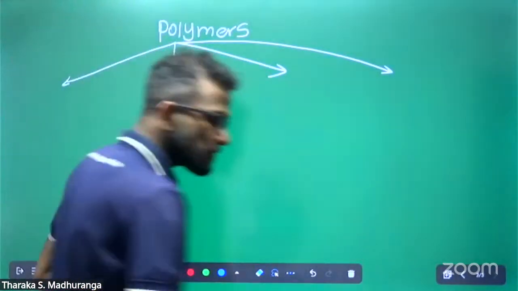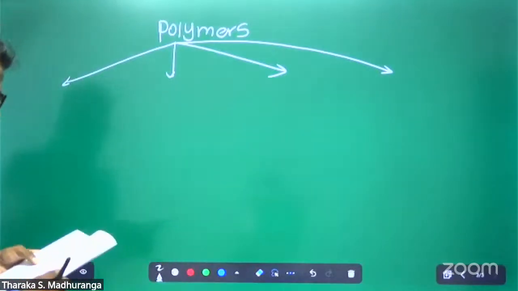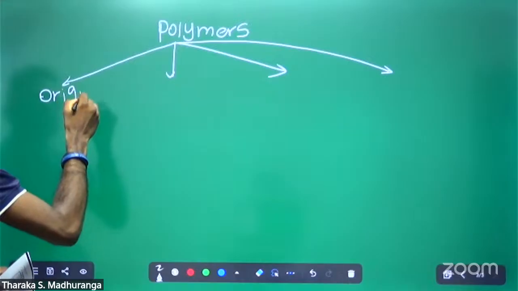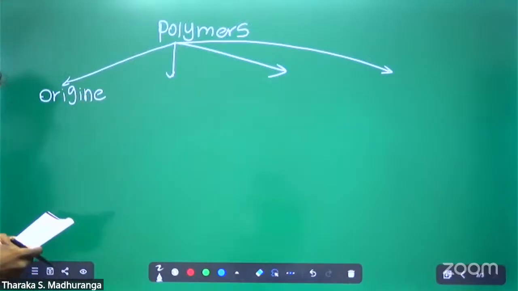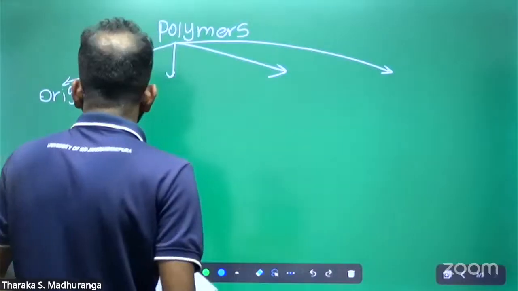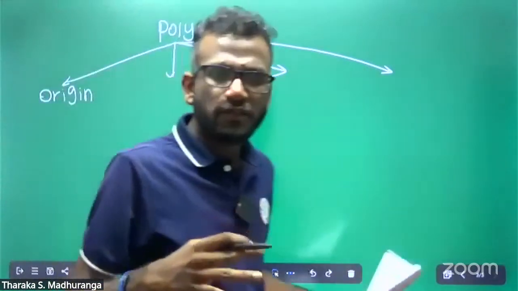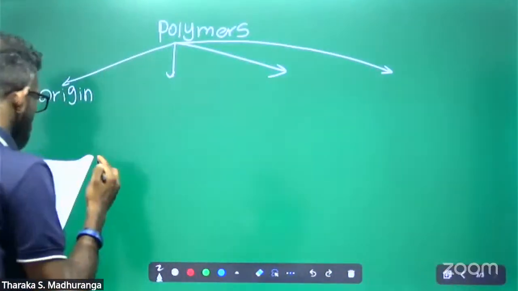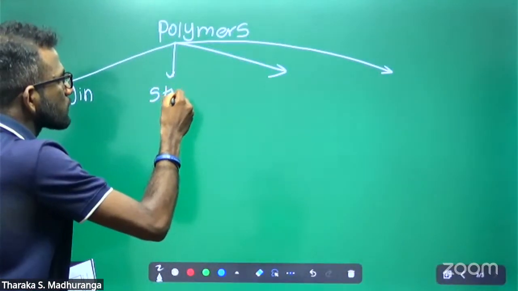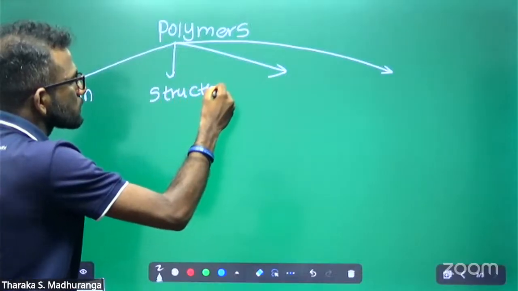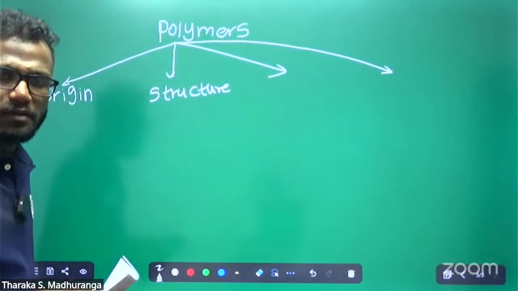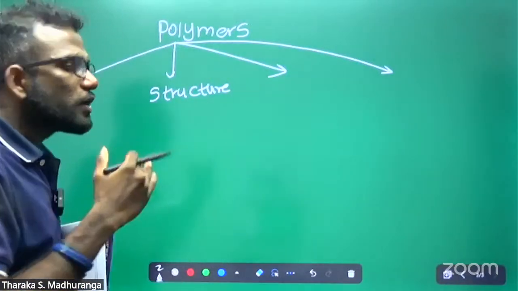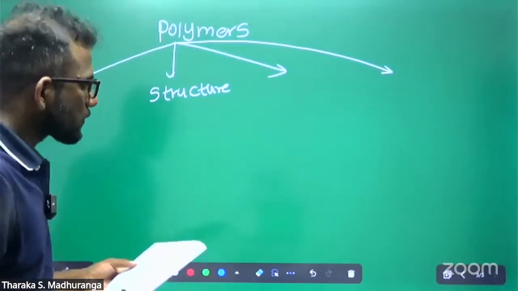The first category is according to the origin, the source, of the polymer. The second category is based on the structure. We can get separate groups of polymers according to the structure. I will explain one by one.